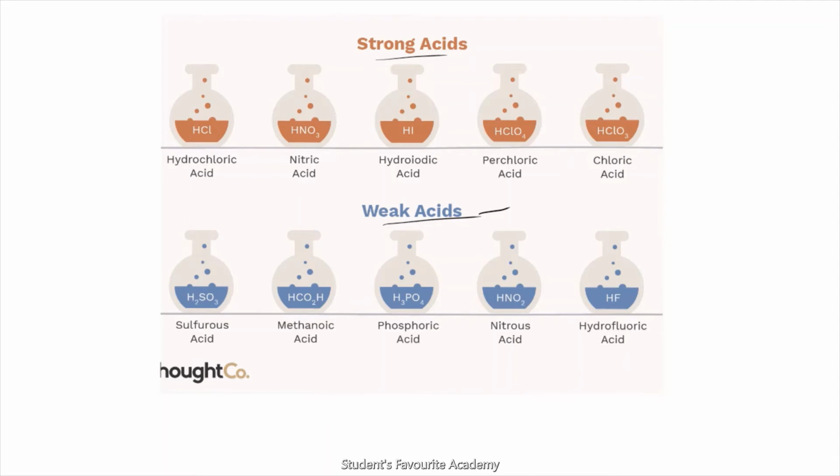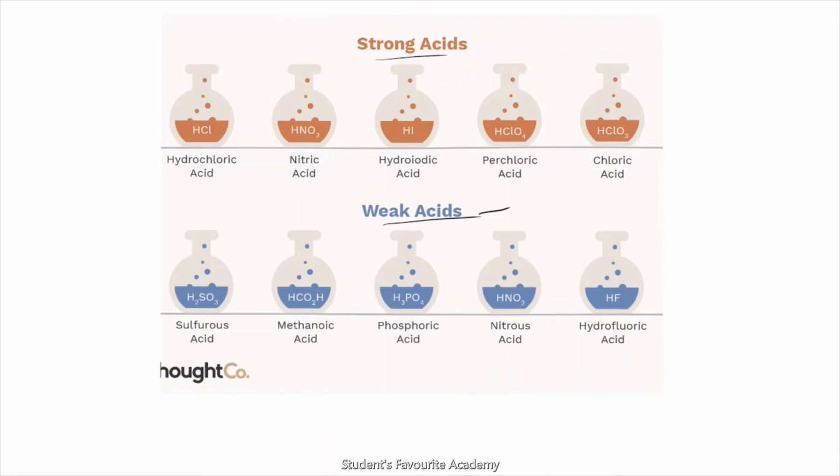First of all, what is a strong acid and what is a weak acid? A strong acid is one which completely dissociates, where every molecule dissociates and produces a high concentration of H+ ions, and thereby generates a high concentration of hydronium ions.